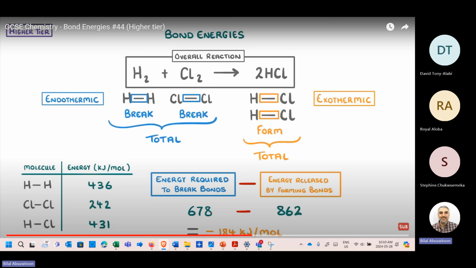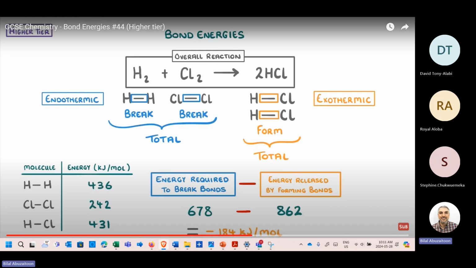Now if the final answer is negative, that means the overall chemical process is an exothermic process. If the net value of energy is positive, that means the overall chemical reaction is endothermic. Make sense, guys? Does this make sense?